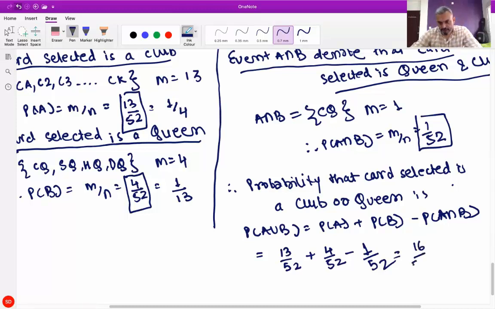So 16 by 52, 8 by 26, or 4 say also you can do 4 by 13. So this is answer 1.